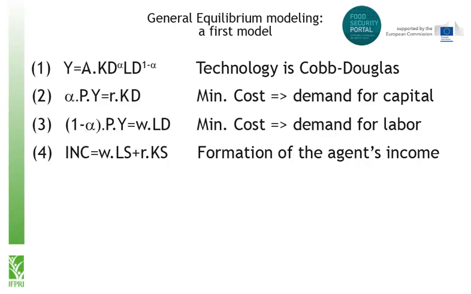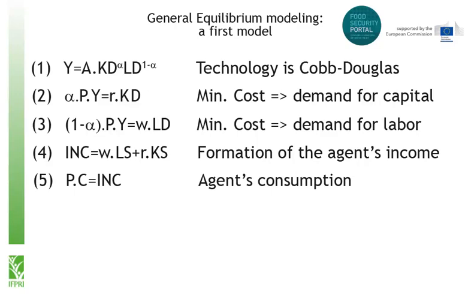Then with the income, the agent can proceed to final consumption. So there is no savings because there is a single period of time. And so to maximize satisfaction, he has to maximize consumption, which is only limited by the level of income and the level of price. So it means that the agent's consumption is P times C is equal to INC.